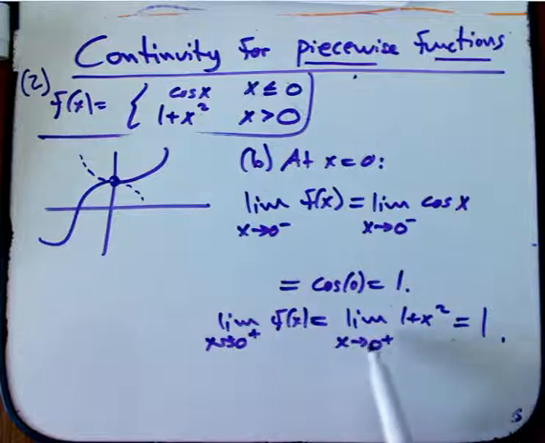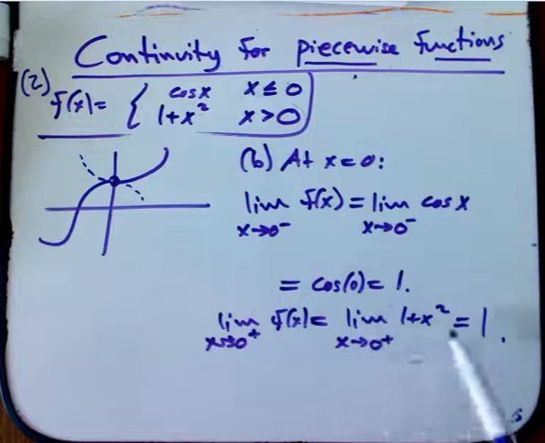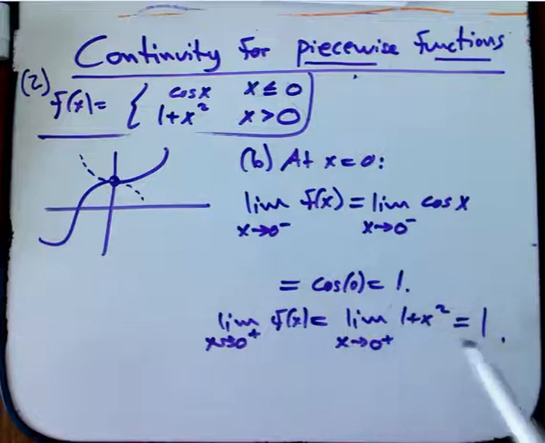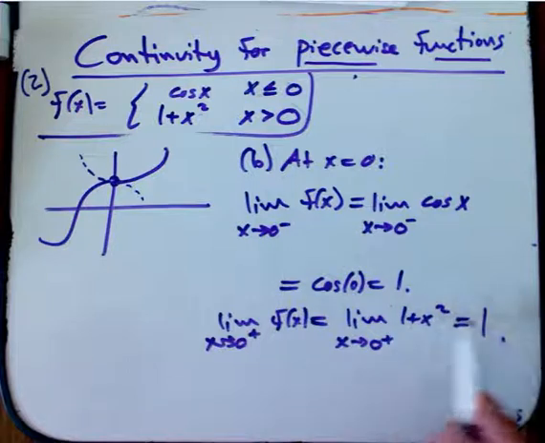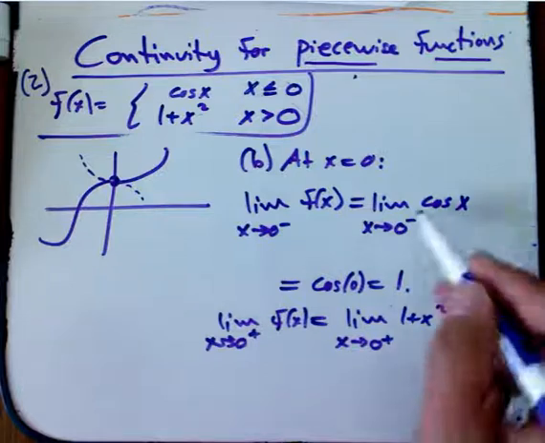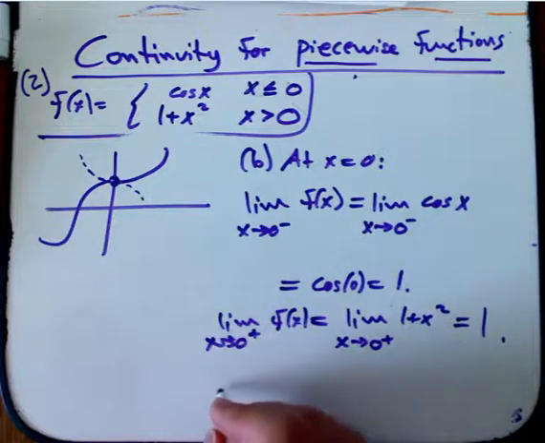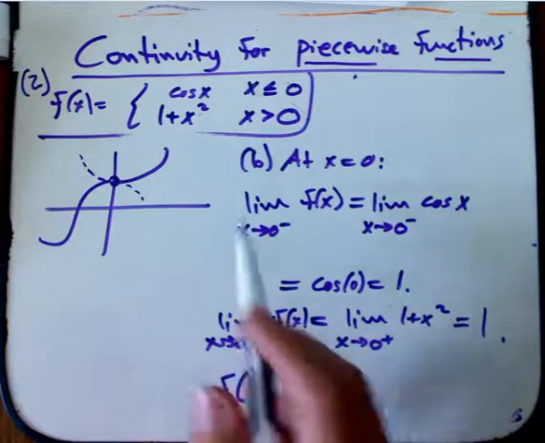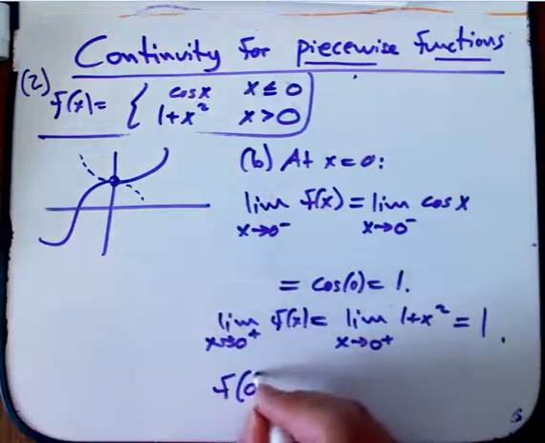However you can take this limit, and we'll do the next example with something where we can't just quote that it's a continuous function I can plug in, because sometimes it's more subtle. But here it's nice because the pieces are just plug-in guys. They're continuous functions. So those are both equal to 1. And, of course, we need to check, did we use the right value at 0?